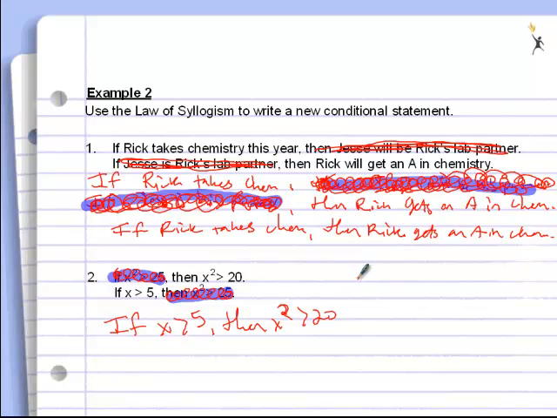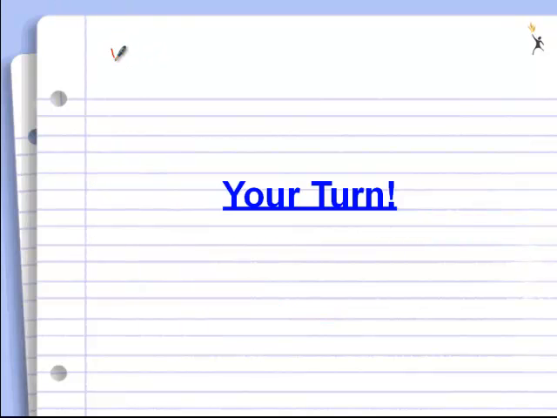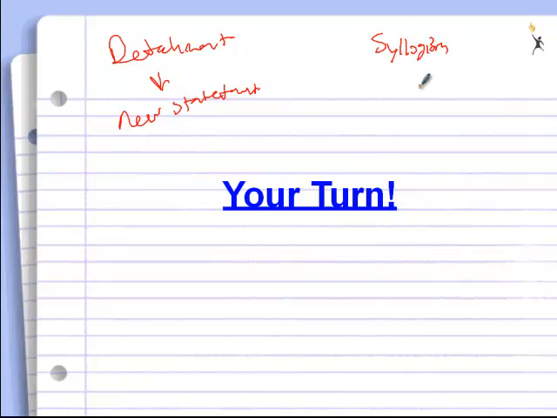Now, hopefully you aren't too confused by this. Hopefully this makes sense to you as far as the law of detachment to write a new statement, and the law of syllogism to write a new statement. Let's take a look at your homework for tonight.